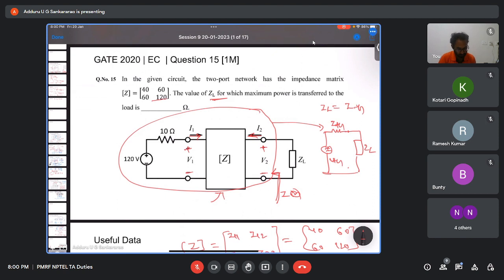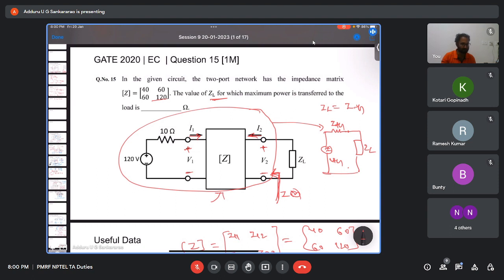Looking from here, if I can find the equivalent resistance and it is equal to ZL, then maximum power will be transferred.